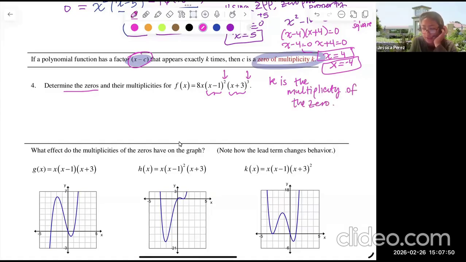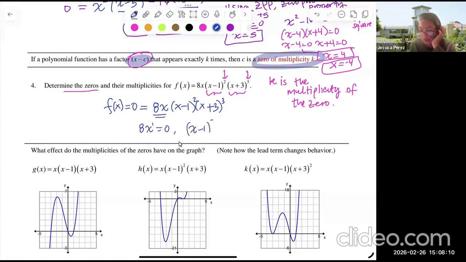So the first thing is to define the zeros of each. So f of x, set it equal to 0. That means 8x(x - 1)^2(x + 3)^3 = 0. So we have 8x equal to 0. x has a multiplicity of 1. Then x - 1 quantity squared, set that equal to 0, and then x plus 3 cubed, set that equal to 0.